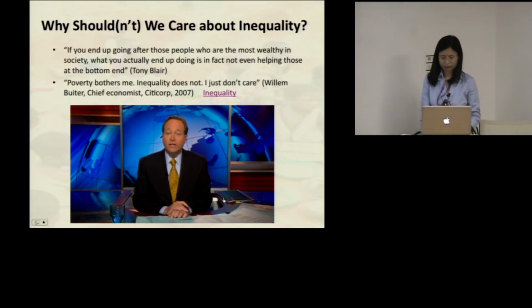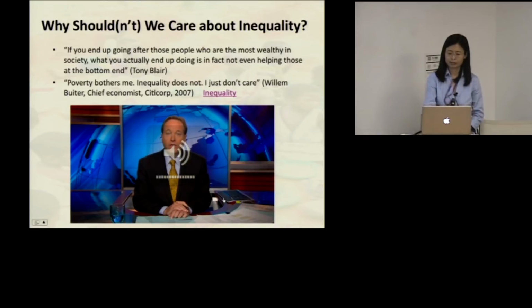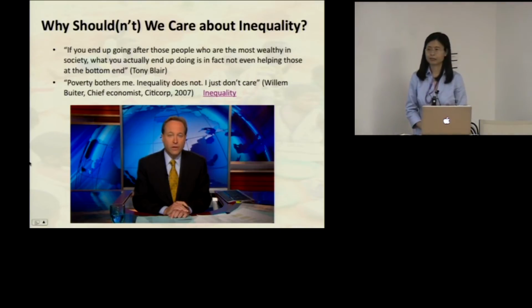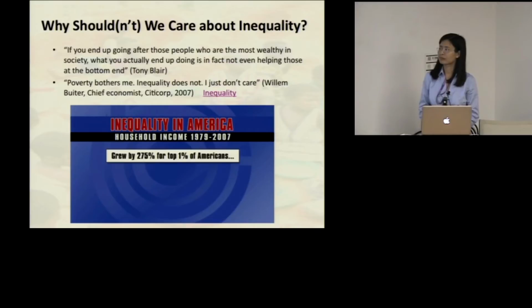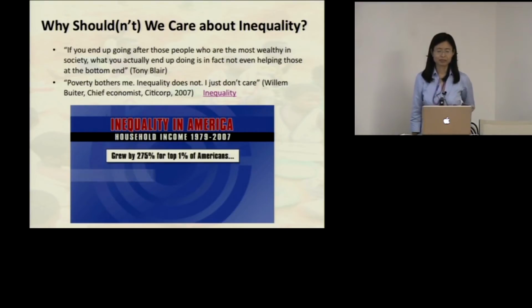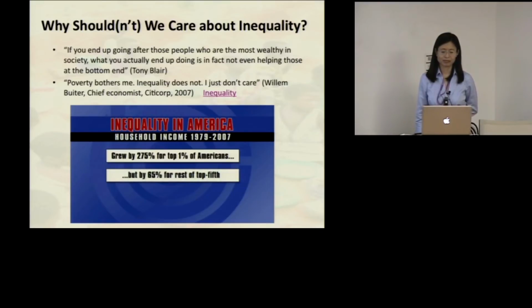Inequality. A new analysis from the Congressional Budget Office supports the idea that income inequality has grown considerably over the past few decades. The report found that household income grew by 275% between 1979 and 2007 for the wealthiest 1% of the population. For the rest of the top fifth of the country, it grew by 65%.